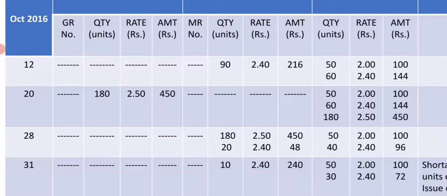So first we must issue the last batch, that is 180 units at the rate of 2.50, 450 rupees. So we need 20 more units. So from the 60 unit batch, at the rate of 2.40, we will issue those 20 units. So 20 units at the rate of 2.40, 48 rupees.